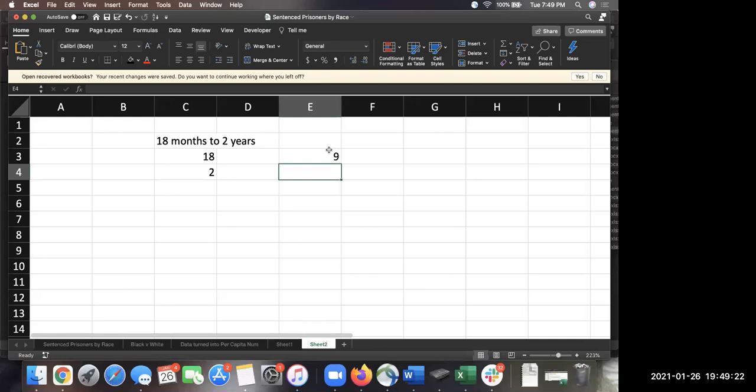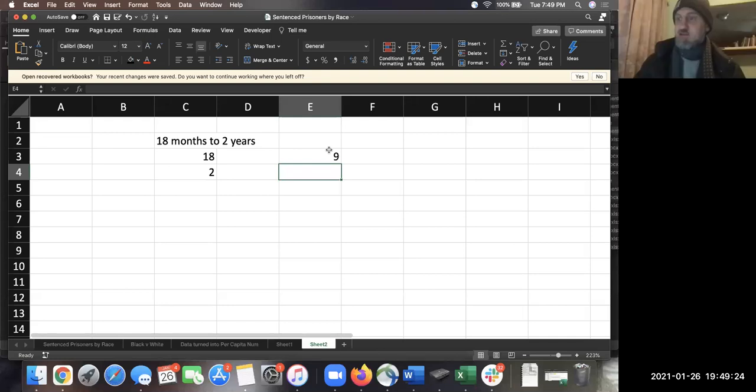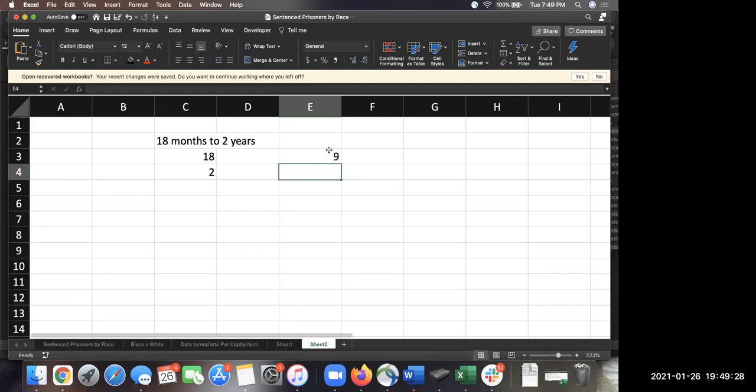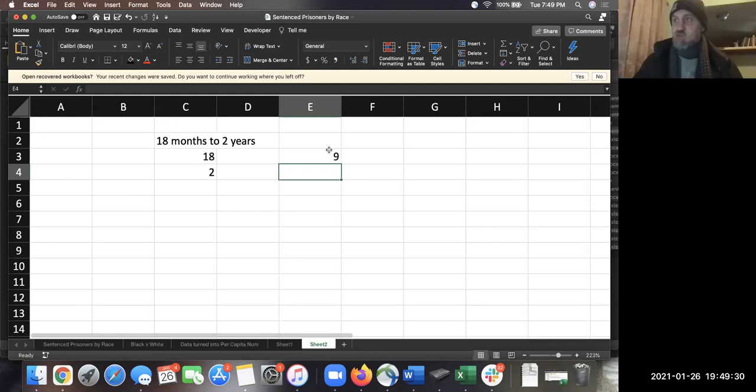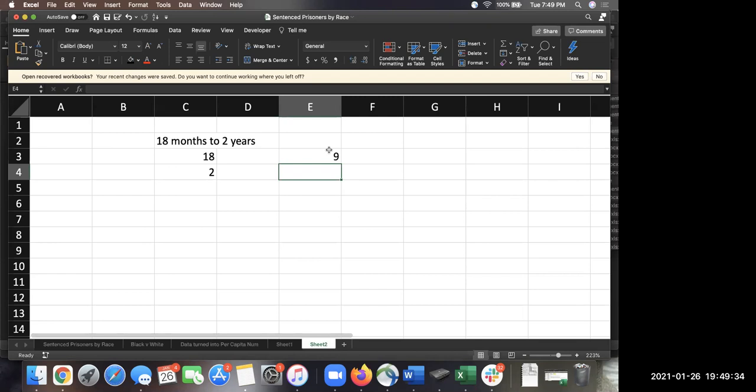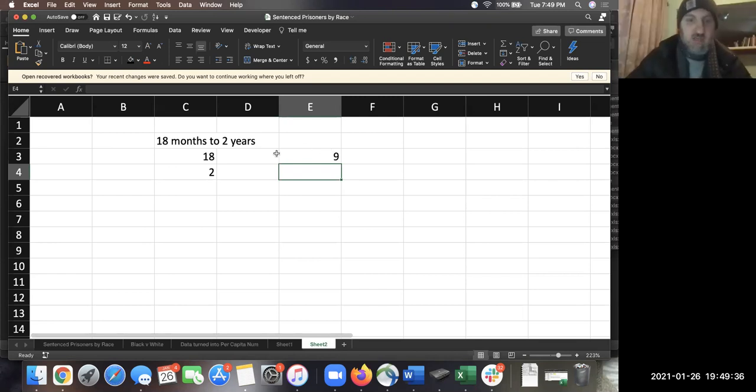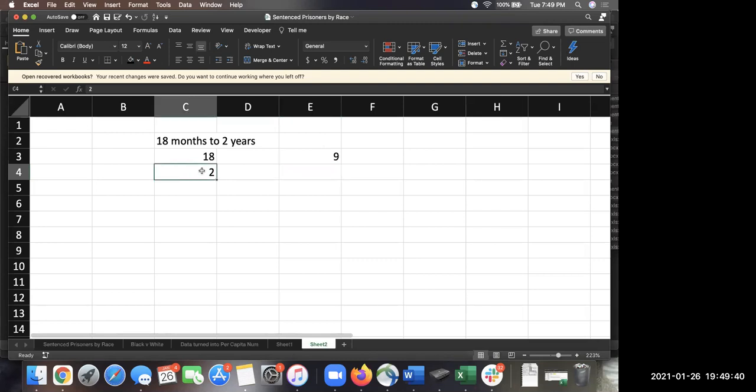No. In fact, who's bigger in this situation? The 2 years? Absolutely. And that's why we need to change this into a matching unit so that we can fairly compare them.